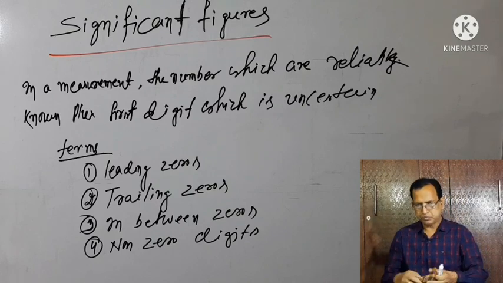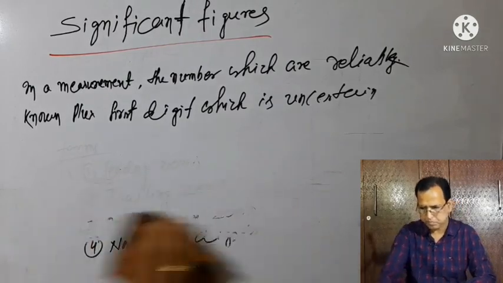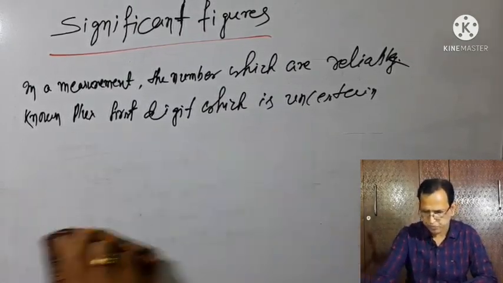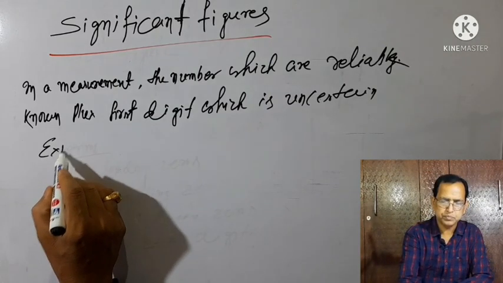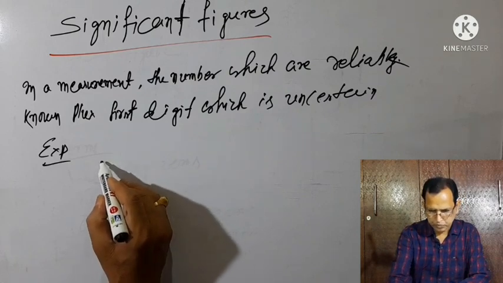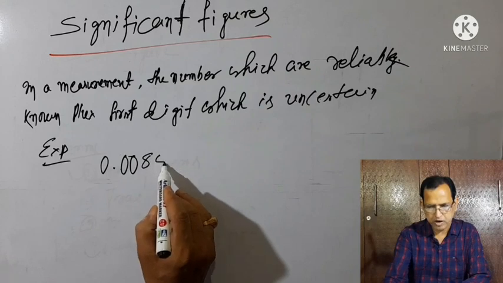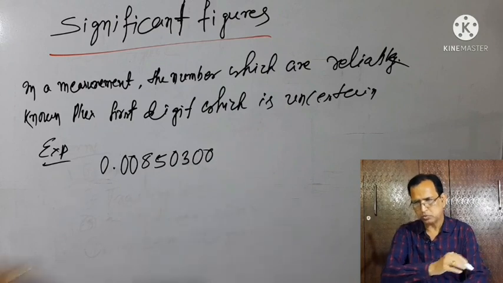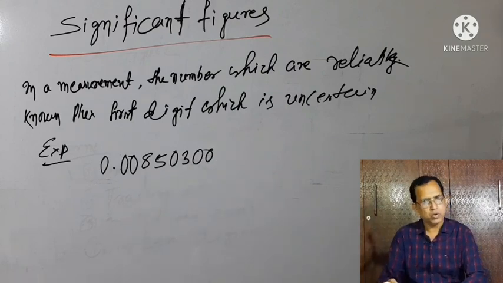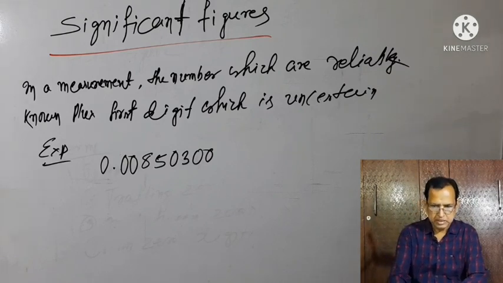What is the example for this? 0.00850300. Clear?